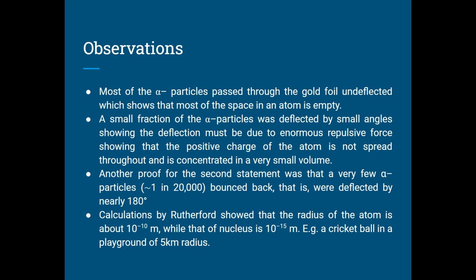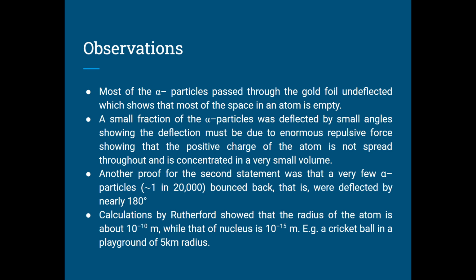Then there was a small fraction of the alpha particles that was deflected by small angles, showing the deflection must be due to enormous repulsive forces, showing that the positive charge of the atom is not spread throughout and is concentrated in a very small volume. Now, a very small fraction of alpha particles were being deflected by some angle.